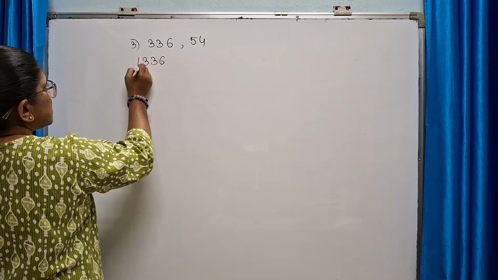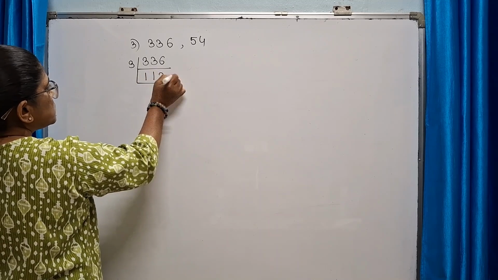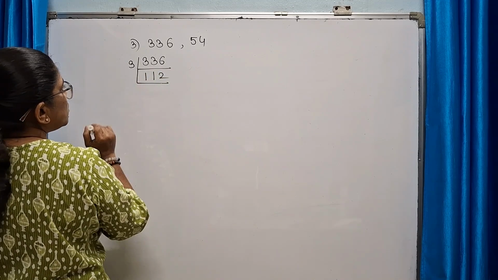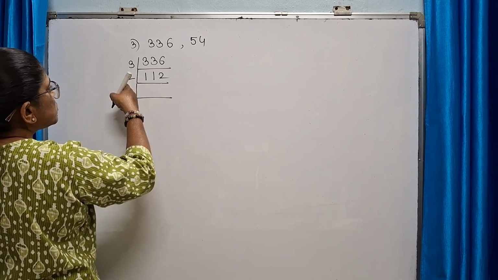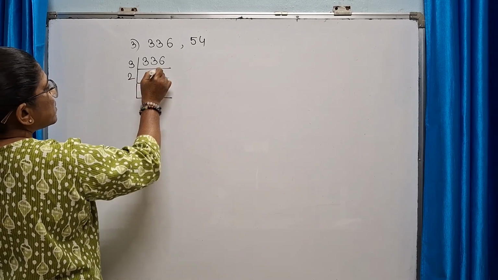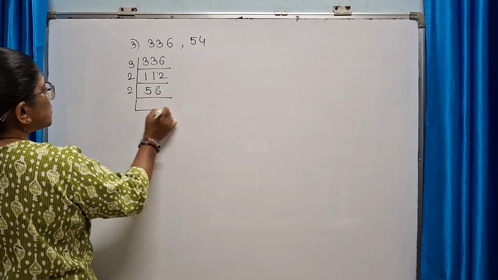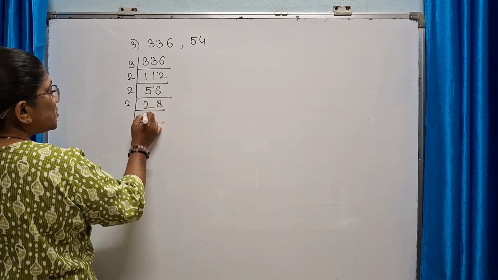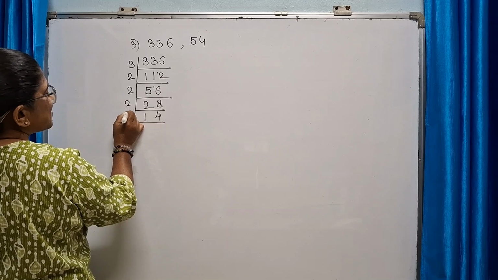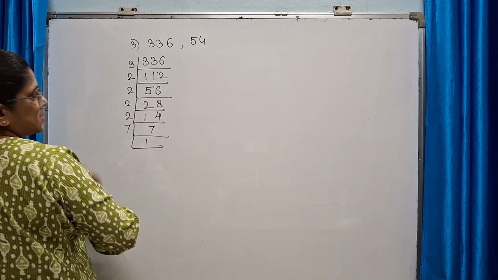Let's start with 2, as it's an even number, we can take it easily. 2 3s are 6, 2 6s are 12; 2 1s are 2, 2 8s are 16; again 2, 2 8s are 16, 2 4s are 8; again 2, 2 4s are 8, 2 2s are 4; again 2, 2 2s are 4, 2 7s are 14.